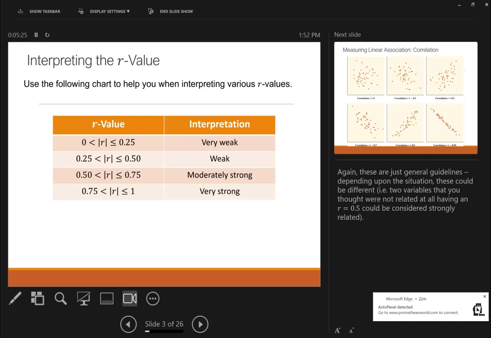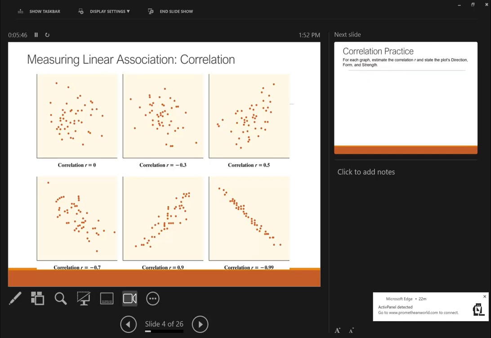Good enough? Everybody happy? Okay. Would you have to remember this? Yes. This is one that I would expect you to remember, although the divisions are pretty easy, right? There's just 4 divisions and they're all by a quarter. Not bad. All right. So visually, what do these values for r look like?